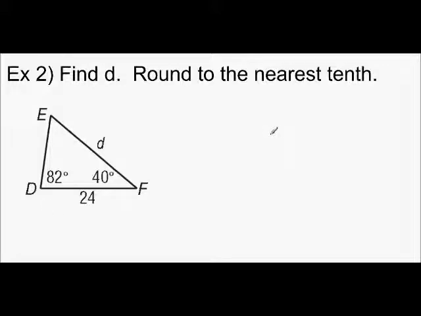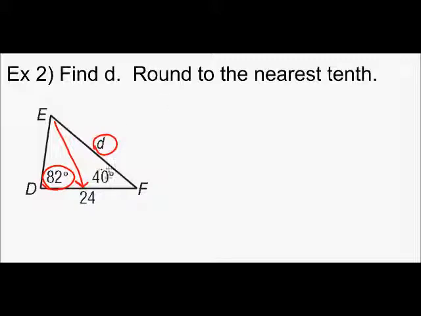Example 2, find d. Round to the nearest tenth. Okay, so in this case, I have 82 goes with d. But what about my only other side, I have is 24, and there's nothing written for E. Okay, well, that's okay. We can handle that.